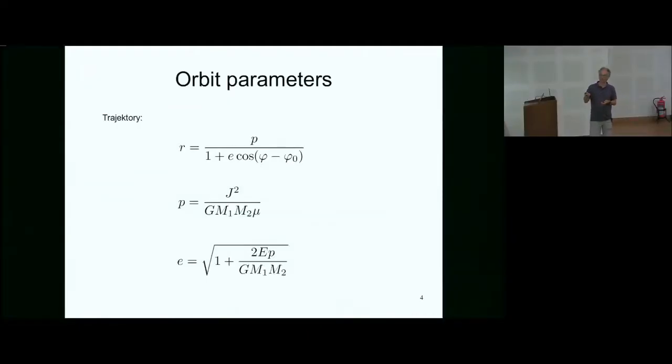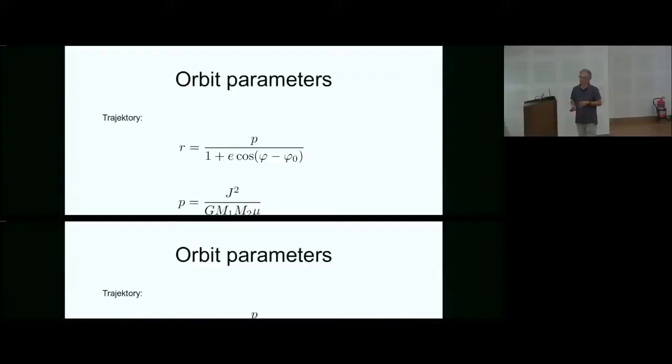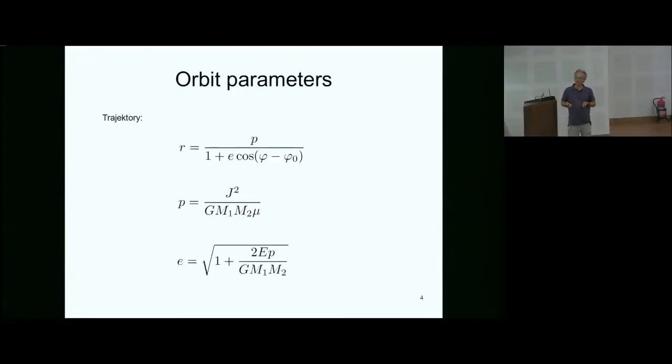So the radius of the orbit as a function of phase is given by such a formula, where this is the ellipticity, and this is the parameter p, and it's just for completeness.